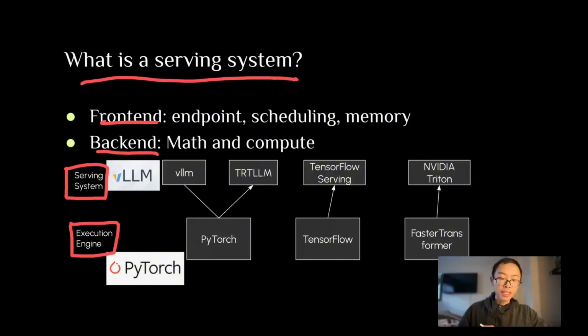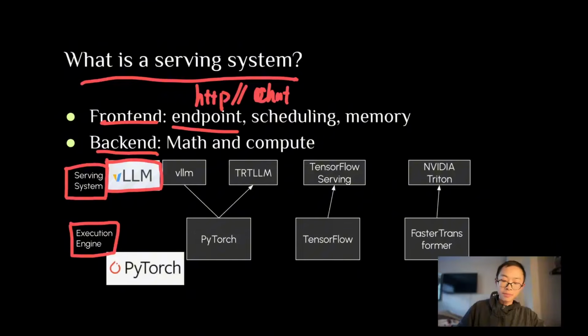One example is vLLM, a serving system that does the front end work, creating an endpoint such as HTTP slash chat completion v1.